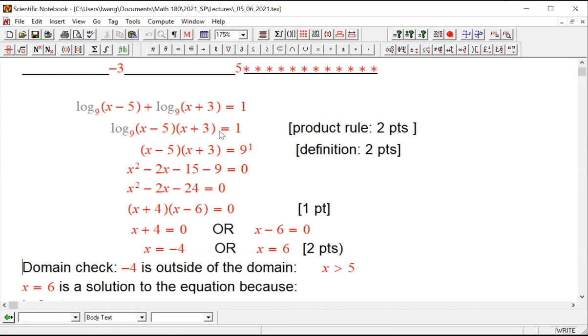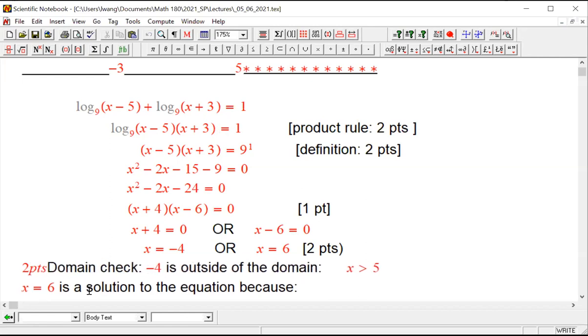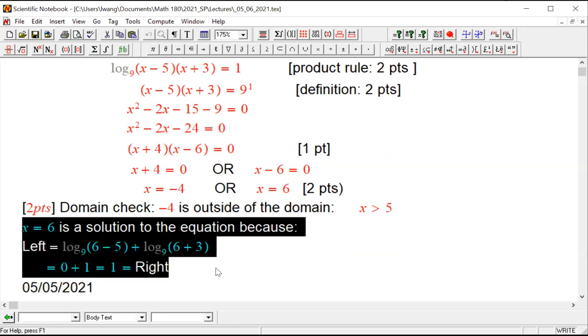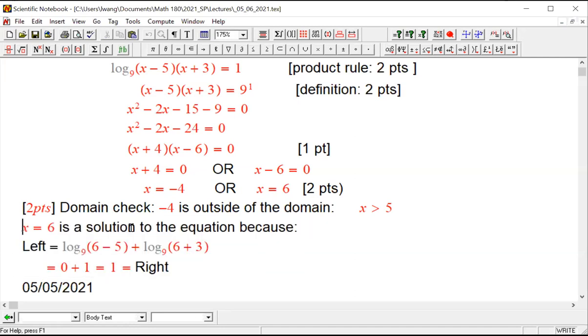Domain check is 2 points. We found the domain, so we use it. Okay, and this check, each piece, sometimes you have two numbers, right? You need to check both. Okay, and that's 2 points.